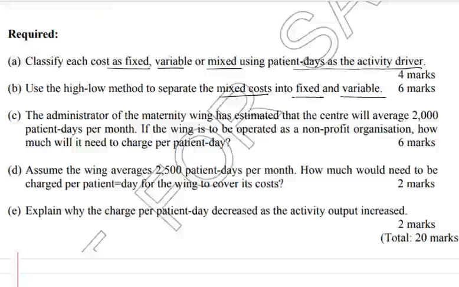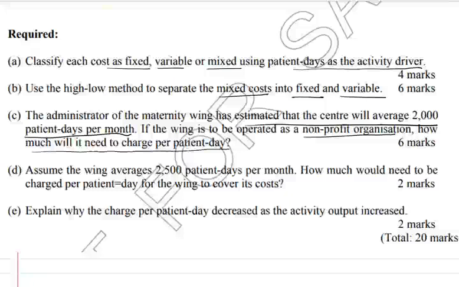The administrator of the maternity wing has estimated that the center will have an average of 2,000 patient days per month. If the wing is to be operated as a non-profit organization, how much will it need to charge per patient day?